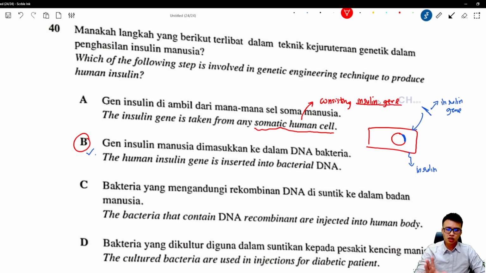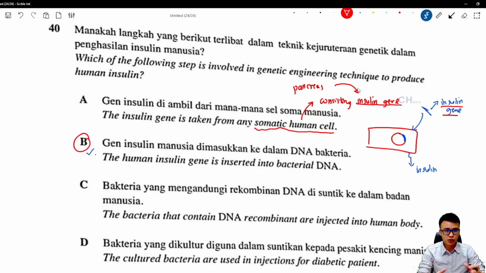But one point: we want to produce insulin. Try to think about this. Which organ produces the insulin? The pancreas, right? Why only the pancreas can produce insulin? Because the insulin gene in the pancreatic cell is activated. How about other cells? The gene is deactivated, so they cannot produce insulin.